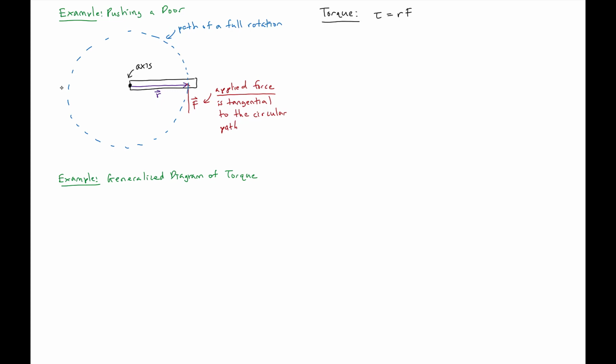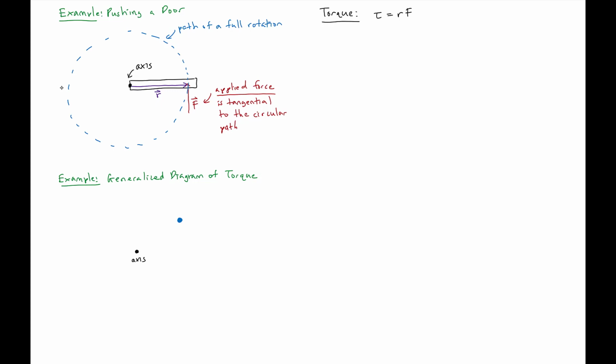So we've drawn an object here, and we want it to rotate around some sort of axis. So let's use a black dot to represent the axis of rotation. So we have this.